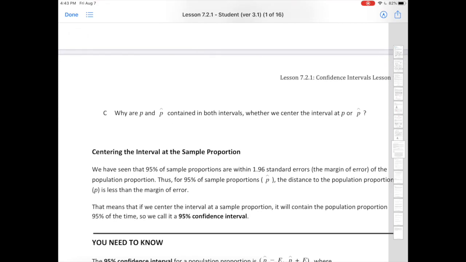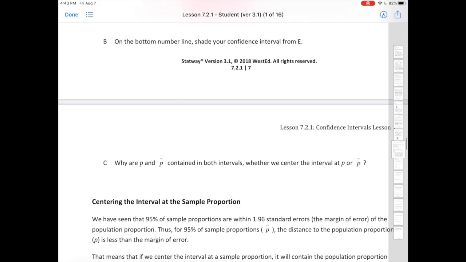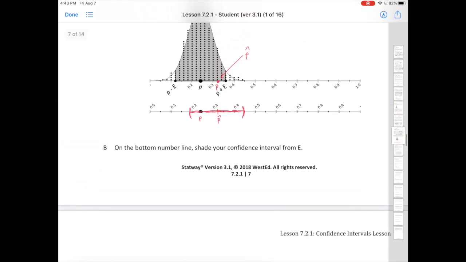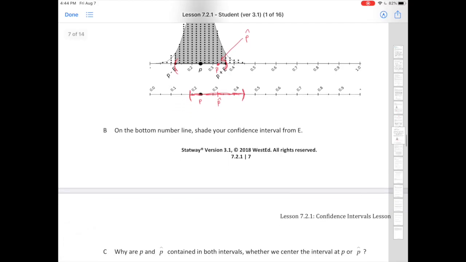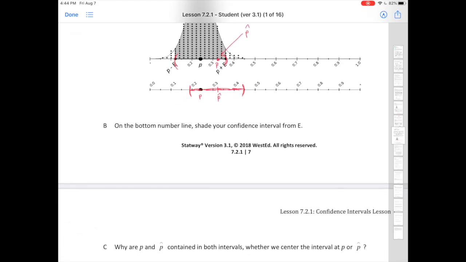Why are P and P hat contained in both intervals, whether we center the interval at P or P hat? So this is the crux of the question, right? If we come back to here, you'll notice on the top part, we centered it at P, right? But on the bottom part, we did not center it at P. We centered it at P hat.